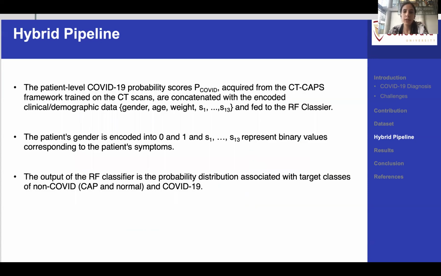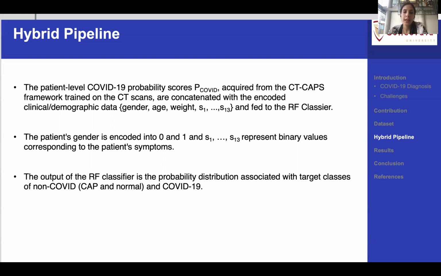So as I mentioned, the probability of the COVID-19 class being present from the CT-CAPS is merged with clinical data. This clinical data is gender, age, weight, and 13 symptoms, for example, cough, shortness of breath, or chest pain. We encoded the gender and the 13 symptoms in 0 and 1.